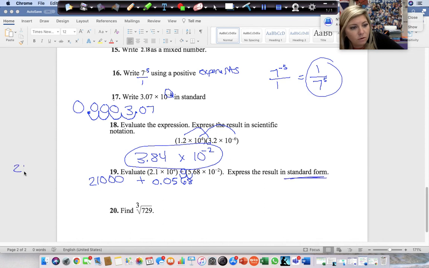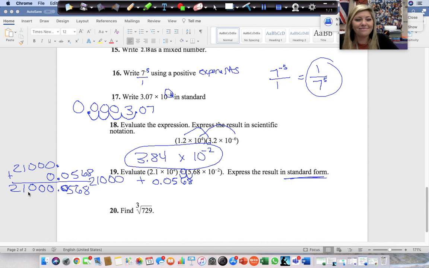So remember to line up your decimals when you are adding or subtracting. Okay, so our answer is 21,568 10,000ths.